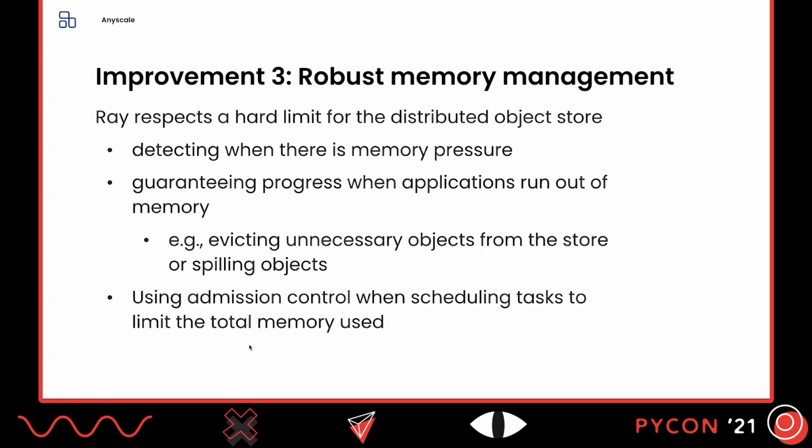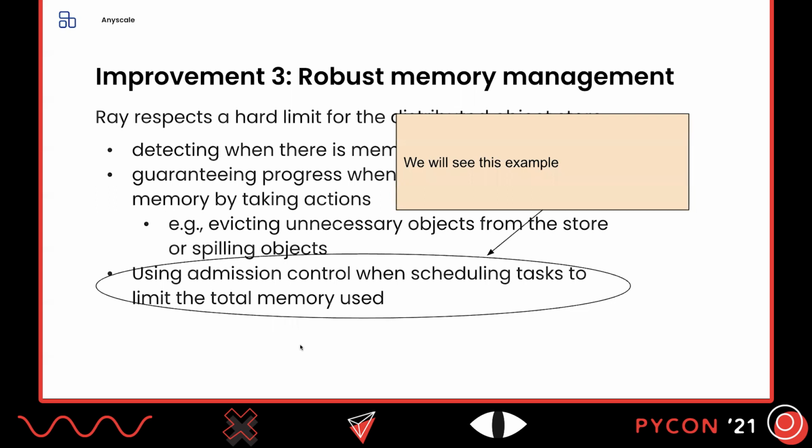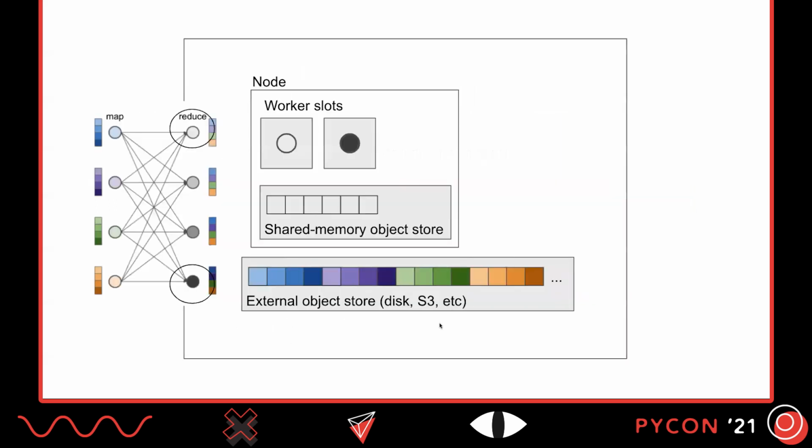And lastly, we also implemented admission control when scheduling tasks, so that it respects the total limit, to limit the total memory used. So it doesn't schedule the task if it realizes the task uses more memory than the capacity of the memory. And I'm going to demonstrate how the last part is working.